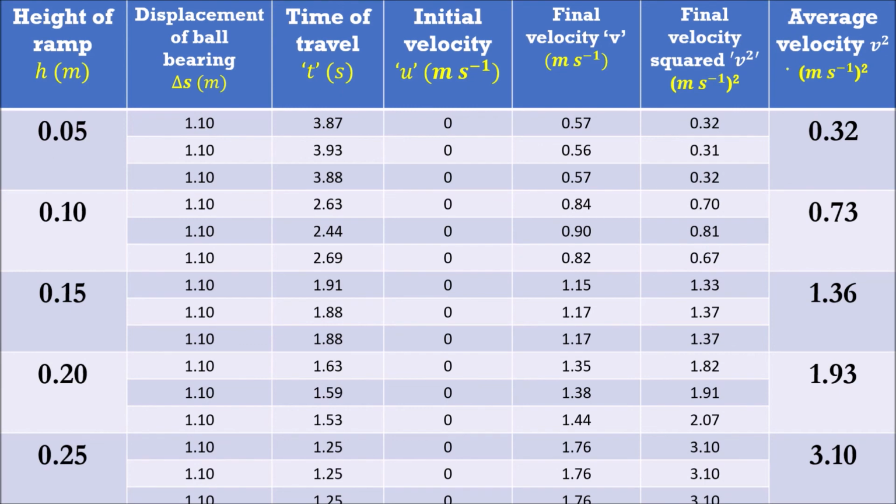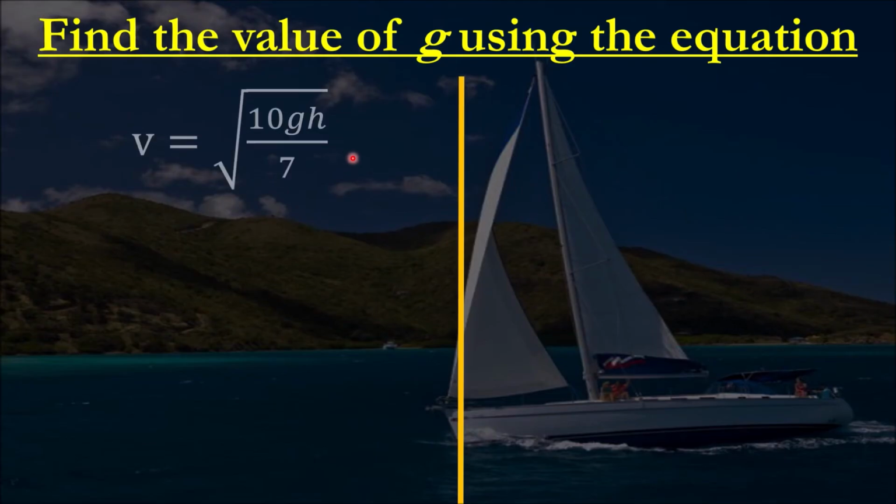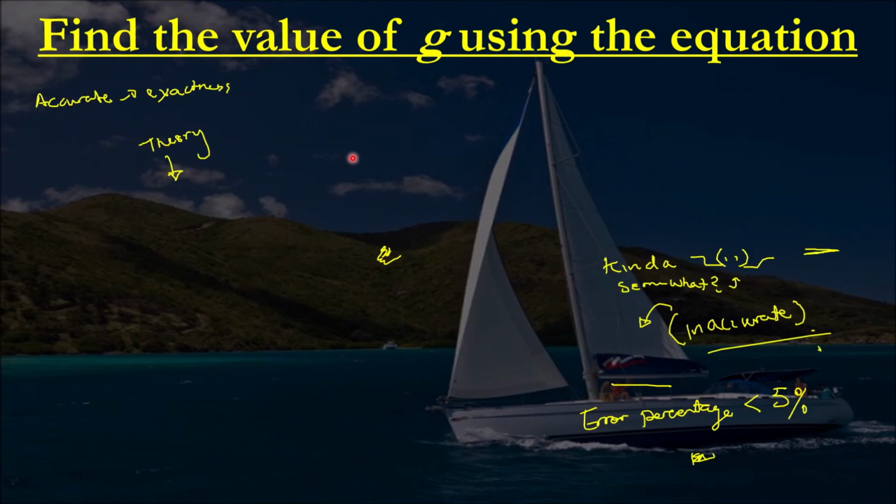If you have a look here, let's use the 0.05 height. If you look at the times we get, 3.87, 3.93, 3.88. Those numbers are very similar to each other, so they're quite consistent. So for that particular trial, it was reliable. Okay, so that's kind of how you can see reliability there.